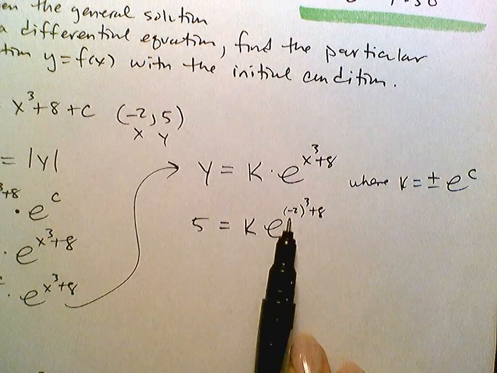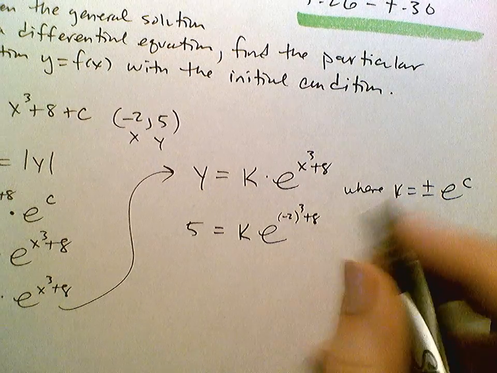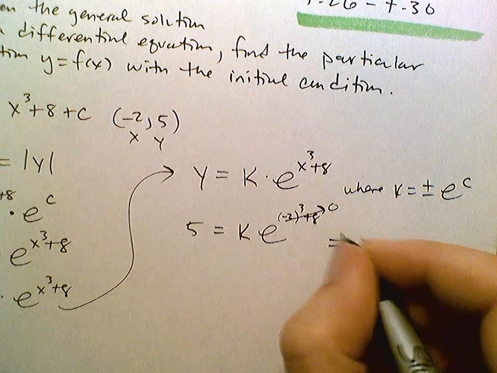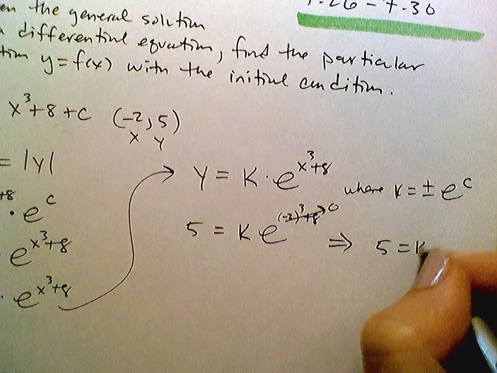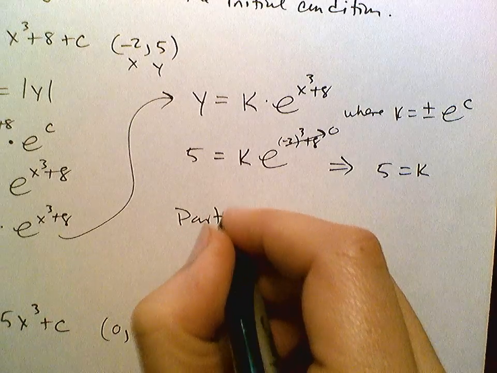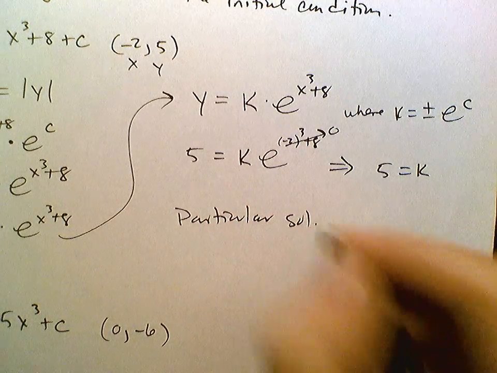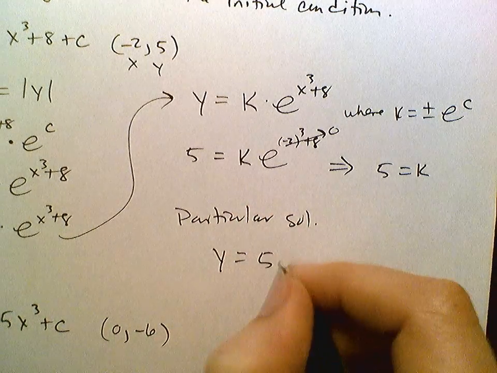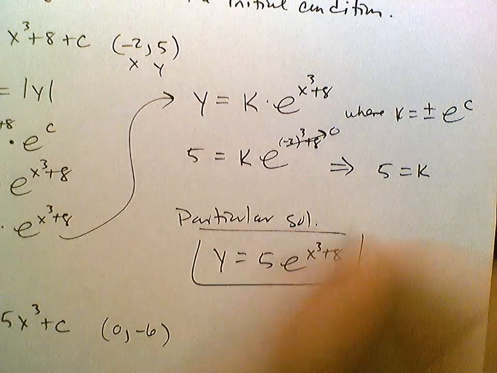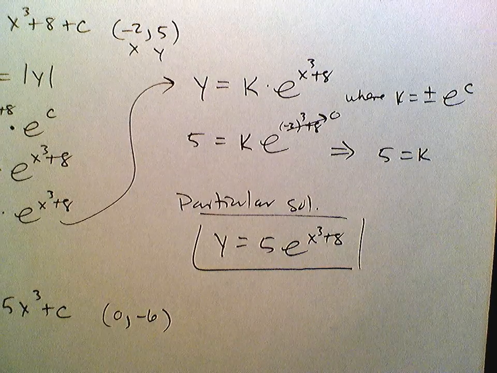This ends up being negative 8 plus 8, so this will be to the 0 power, and that is 0. So 5 equals k. So the particular solution is y equals 5e to the x to the third plus 8. Let's do another one.